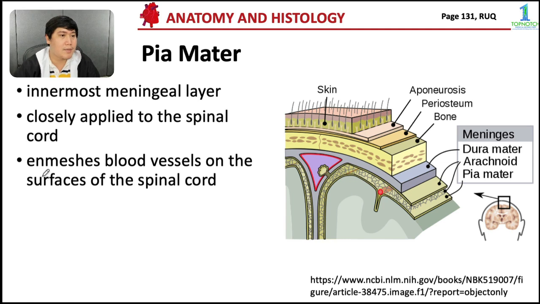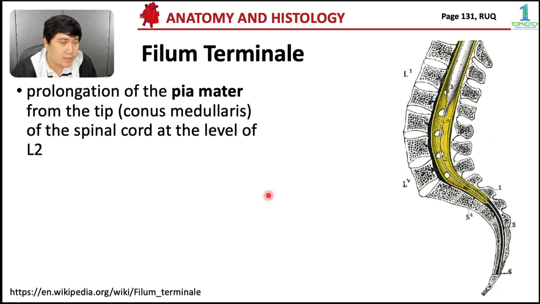Okay, so let's talk about the pia mater. Your pia mater is the innermost meningeal layer, and it meshes the blood vessels on the surfaces of the spinal cord. It has several continuations. Your pia mater continues further from the tip of the conus medullaris. So this is the conus medullaris. It will continue to be attached to your coccyx through a structure known as your filum terminale.